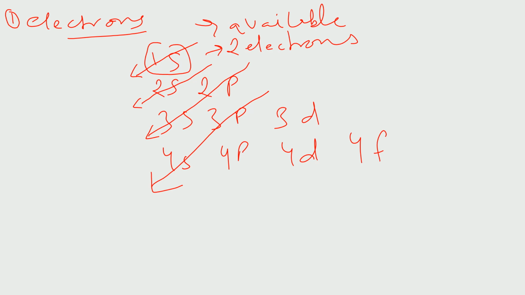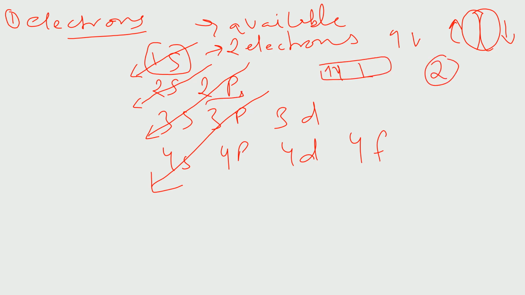And they must spin in opposite directions. There are 2 electrons in an orbital and they spin in opposite directions, so one is going this way, the other goes the other way.